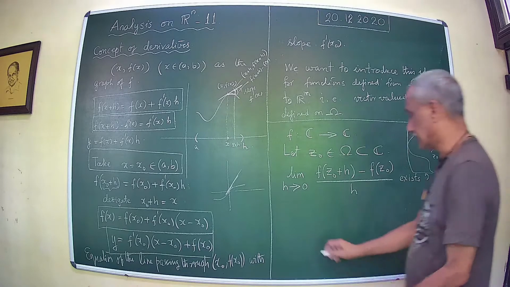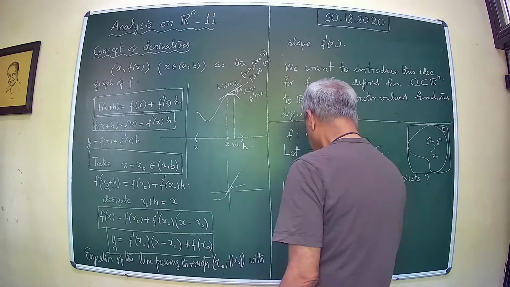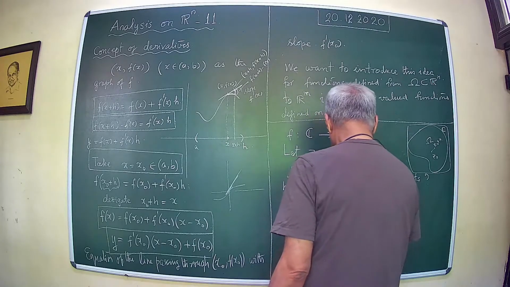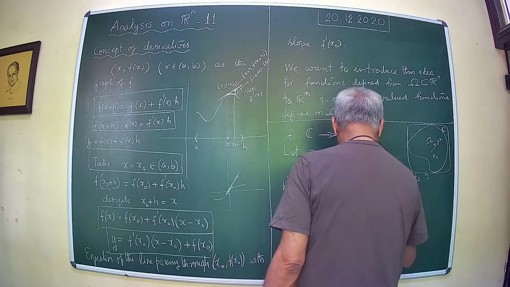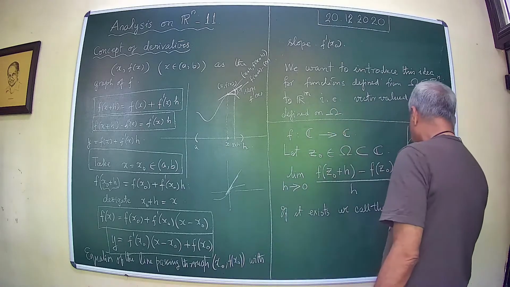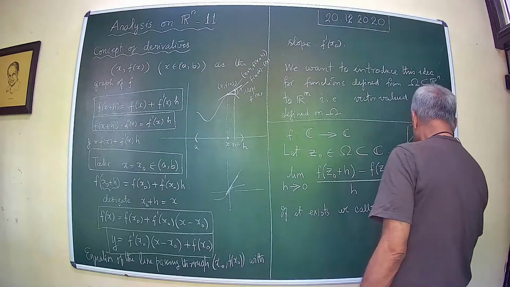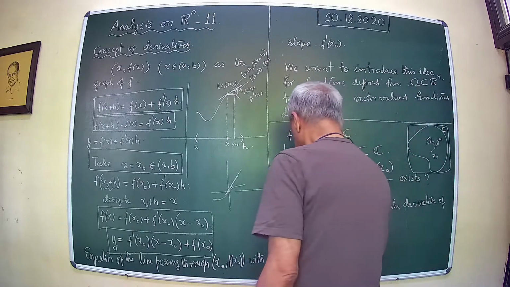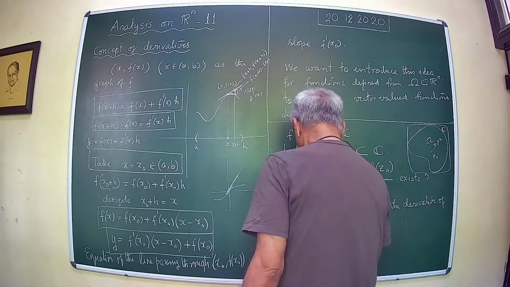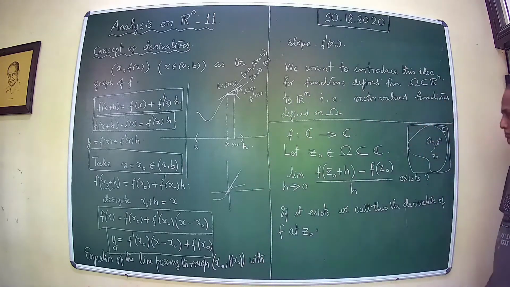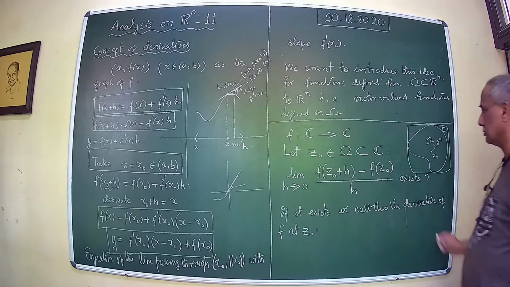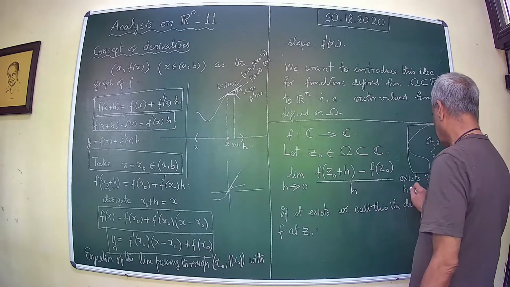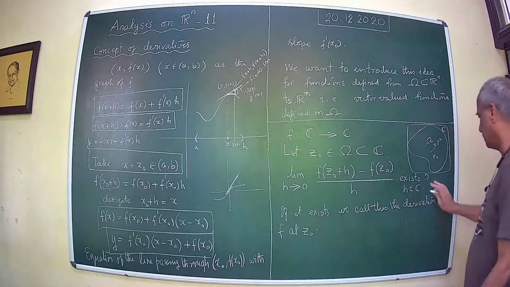If it does exist, we call this the derivative of f at z0, where h is of course going to 0, h belongs to C, and h is not equal to 0.